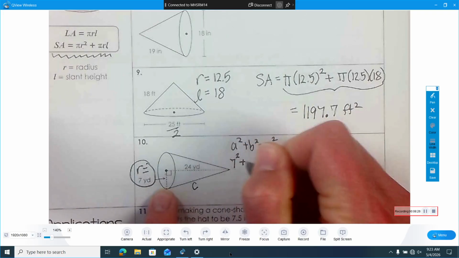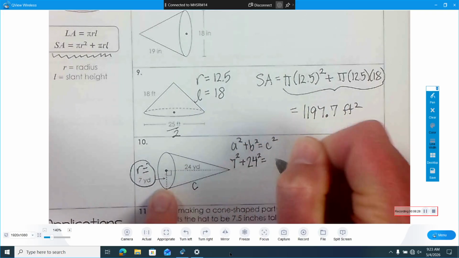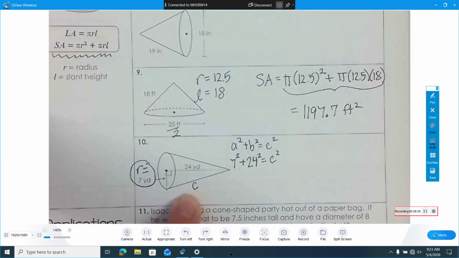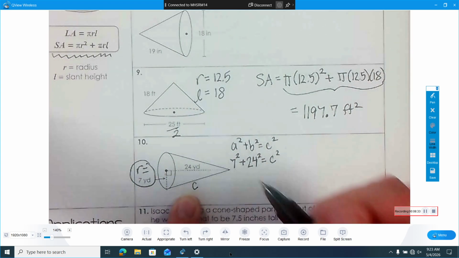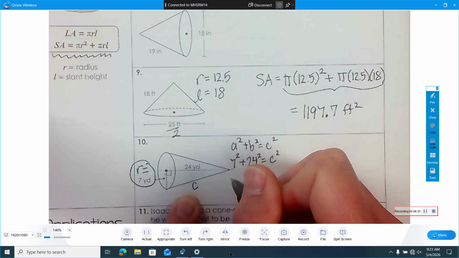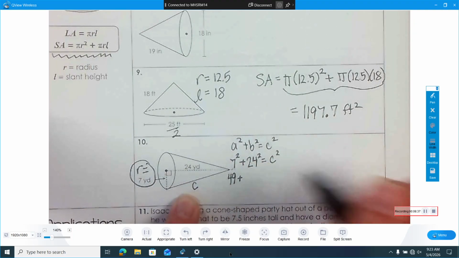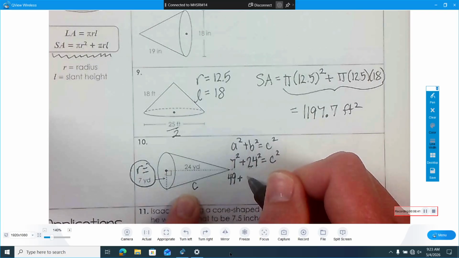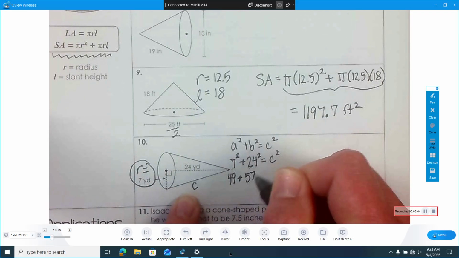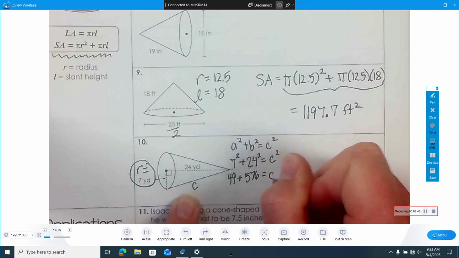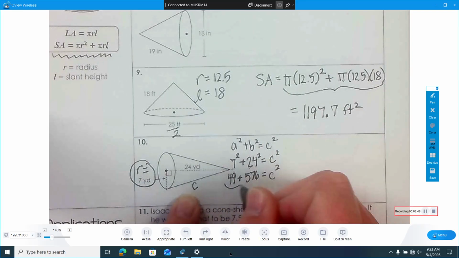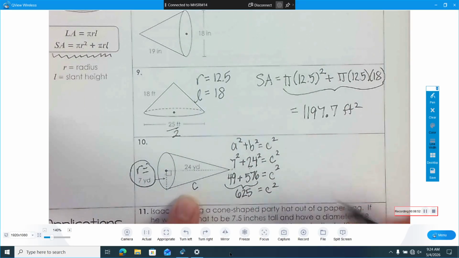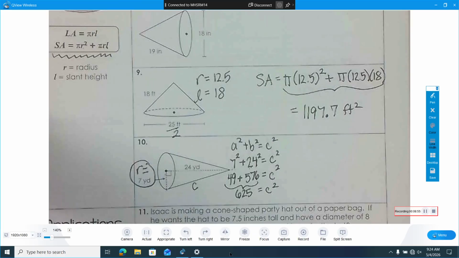7 squared plus 24 squared equals c squared. What is 7 squared? 49. And 24 squared is 576. When we add these together, what do we get? 625 equals c squared. How do we get c by itself? Square root.